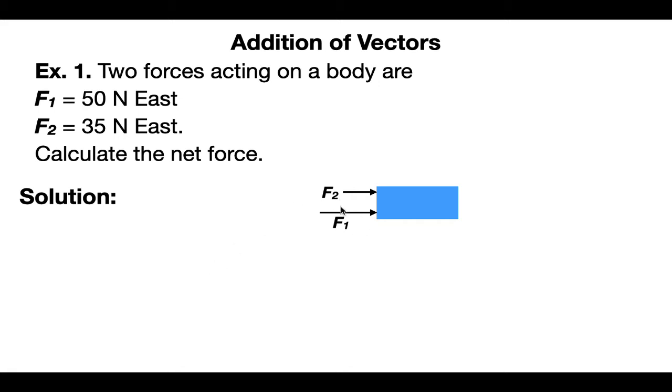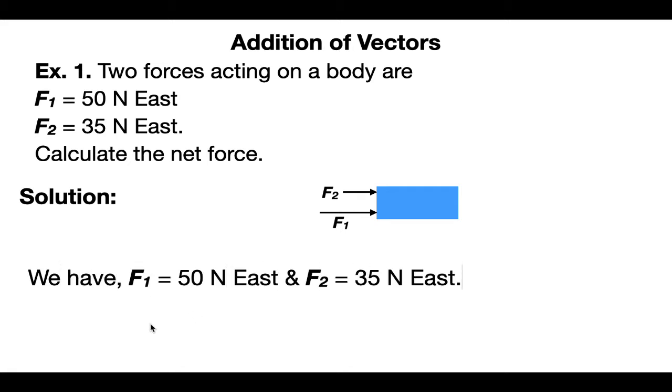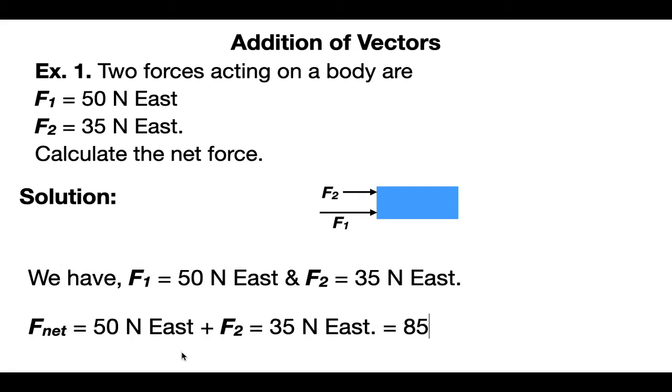F1 is 50 Newton represented by a longer arrow, and F2 is 35 Newton, shorter arrow. The directions are same, both east. Net force on the body will be 50 Newton east plus 35 Newton east, that is 85 Newton east.